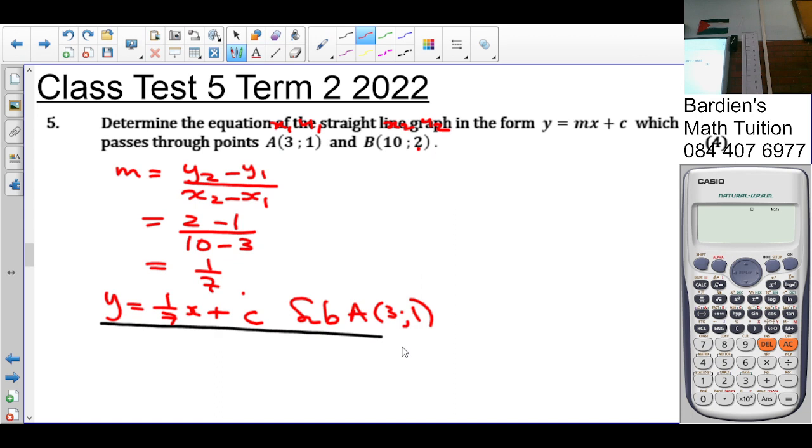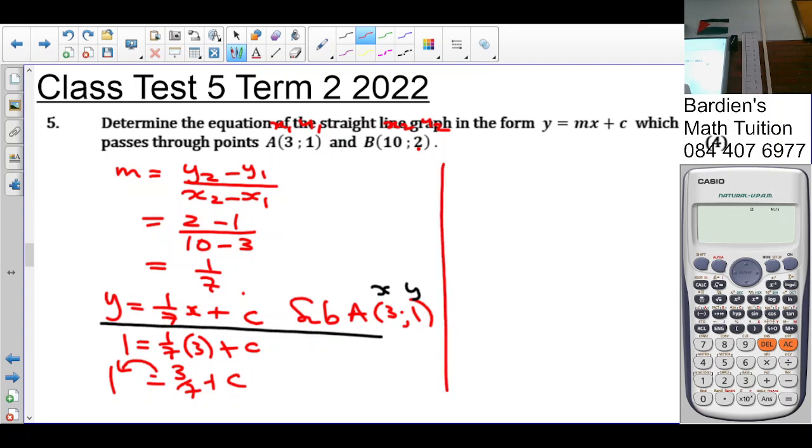Remembering that is an x and a y. So 1 is equal to 1 over 7 times 3 plus c. What's 1 over 7 times 3? 3 over 7. Not so? So what's 1 minus 3 over 7? What's 1 minus 3 over 7, people? 4 over 7.